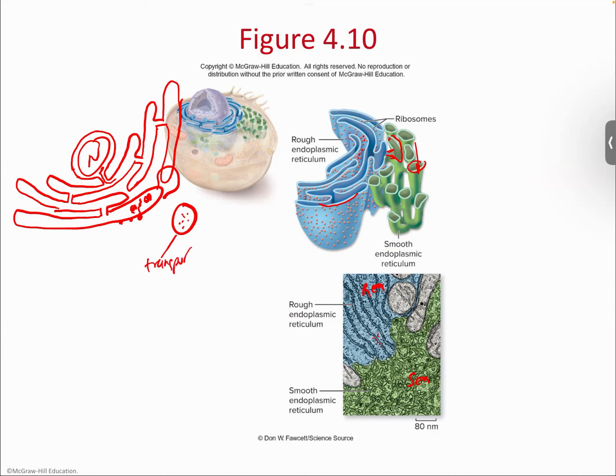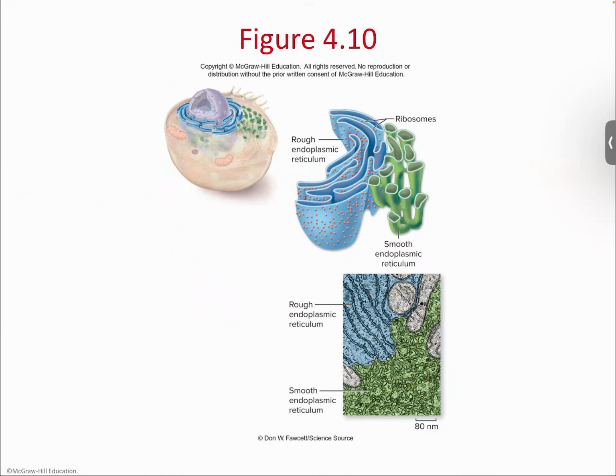This would be your transport vesicle. Remember, this is your membrane bubble that houses the crude protein. Its next stop, the Golgi.